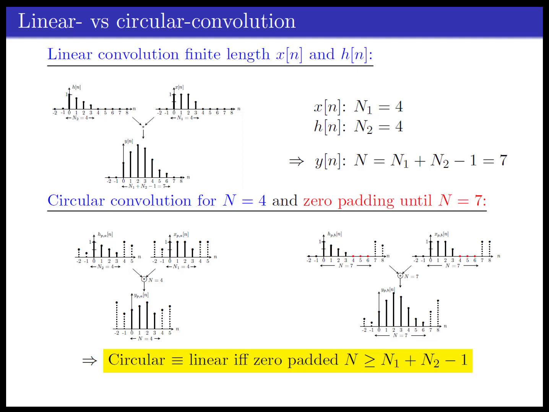Together with the fact that the circular convolution is equivalent to a multiplication in frequency domain, we will present a procedure to calculate a linear convolution by a circular one, which is implemented in the frequency domain.